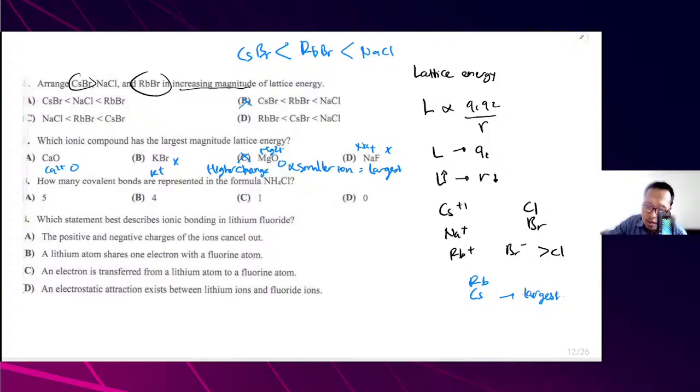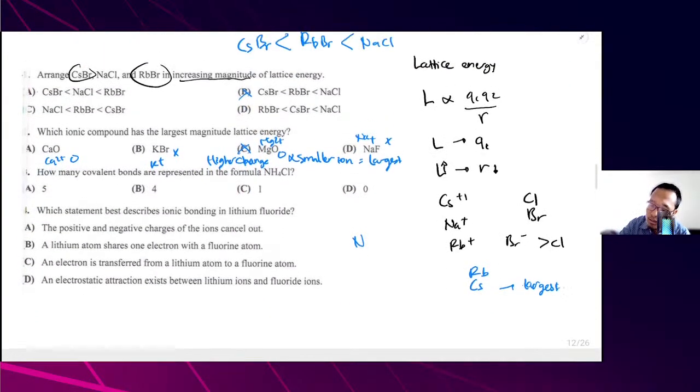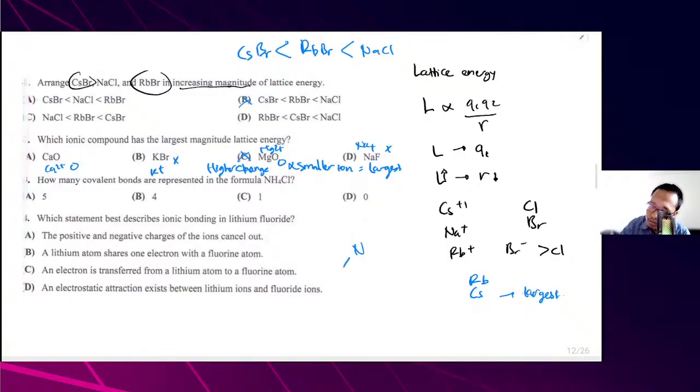Okay, now how many covalent bonds are represented in the formula NH4Cl? Remember, nitrogen in ammonium forms 4 single bonds to hydrogen. If we write down the Lewis structure, it will be something like this, with the plus charge.